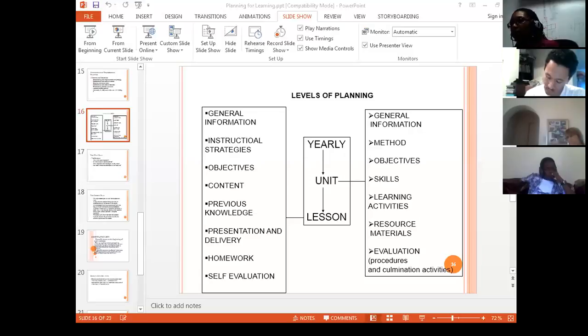Concept cartoons might also be a good way to check prior understanding and possible misconceptions. These are just some examples, but primarily you're going to be using questions.